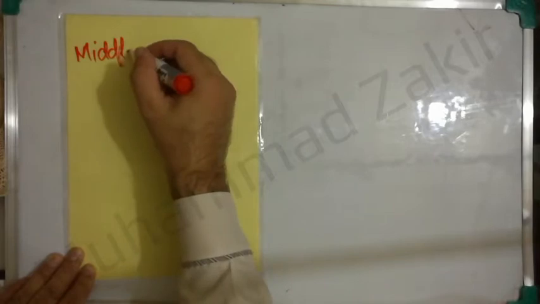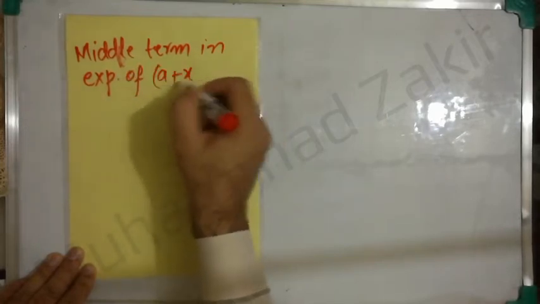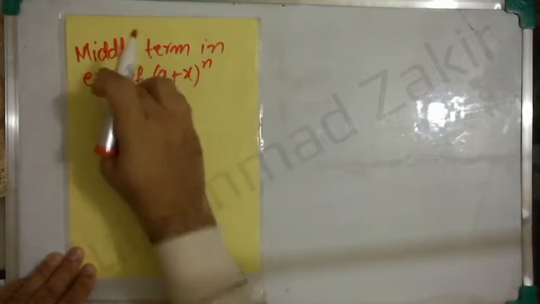Okay, dear student, let us talk about middle term in the expansion of (a + x) raised to power n. So we have two cases.